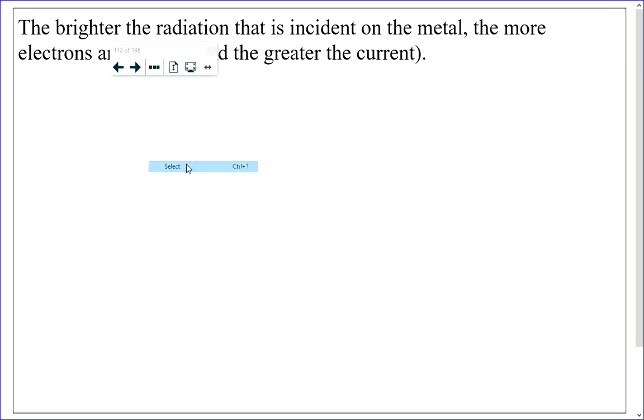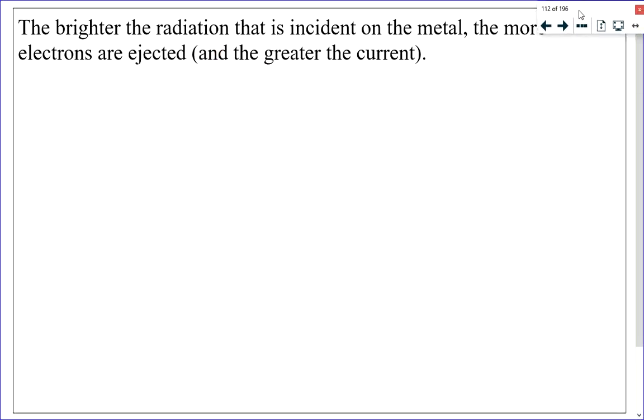A couple of other points about the photoelectric effect before we get into calculations. The brighter the radiation that's incident on the metal, the more electrons are ejected. And by the way, we measure more electrons being ejected by seeing a greater photoelectric current. As well, you should note that brighter radiation is a different way of saying more light.